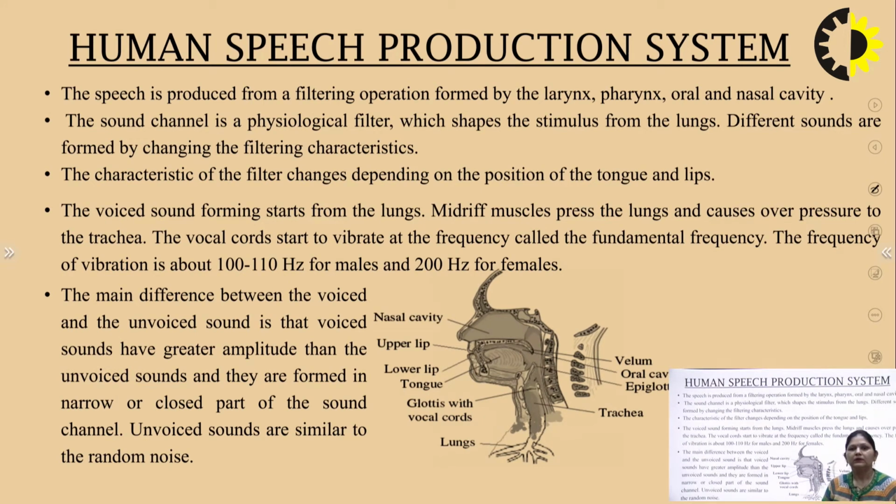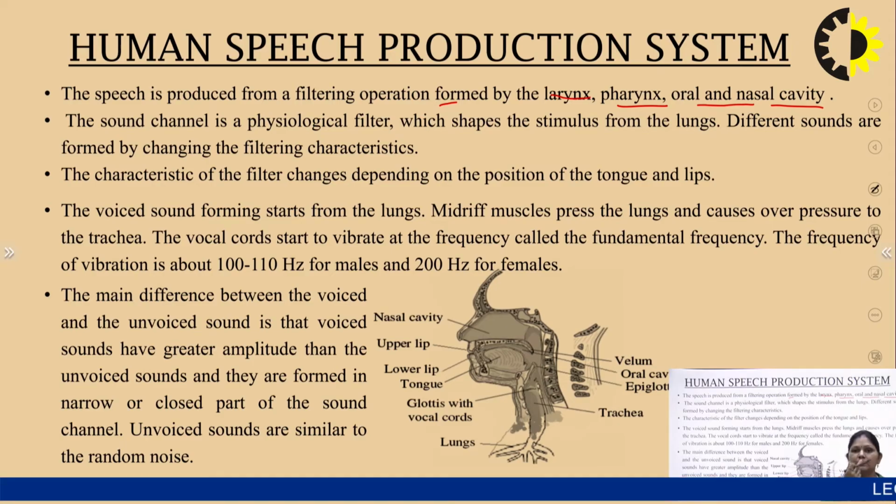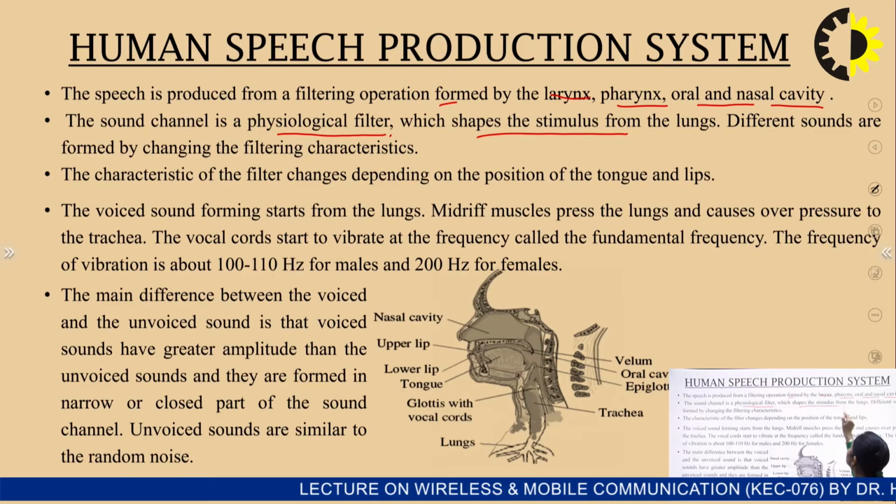Now to understand vocoders in detail, we should have an idea about human speech and what its characteristics are. Human speech is produced from a filtering operation formed by the larynx, pharynx, and oral and nasal cavities. All these things are involved when a human is speaking. The sound channel is a physiological filter which shapes the stimulus from the lungs.